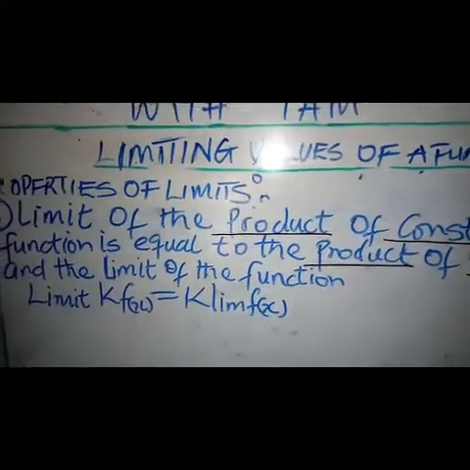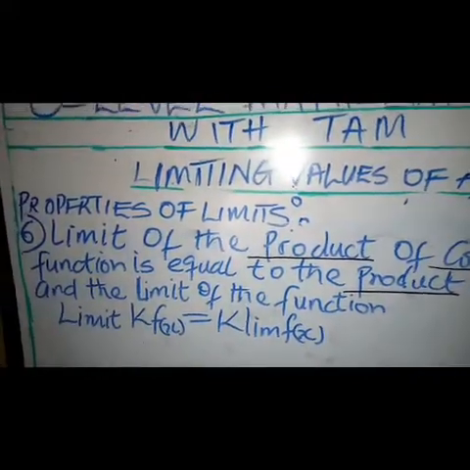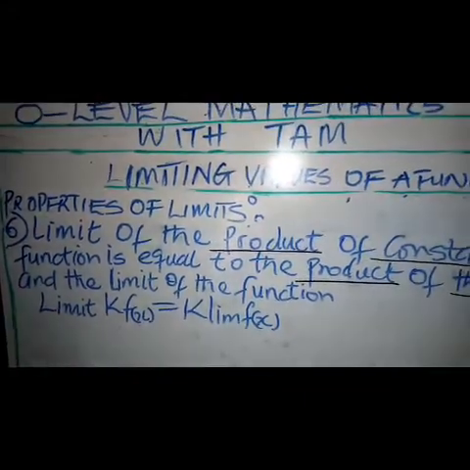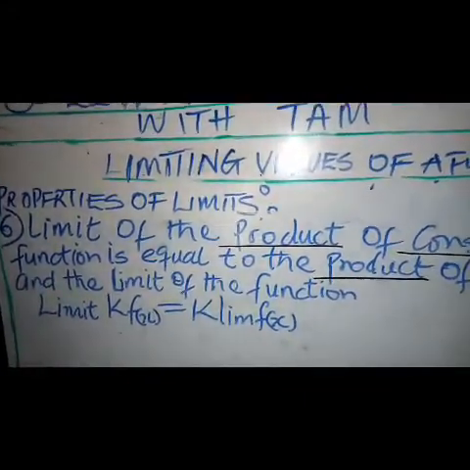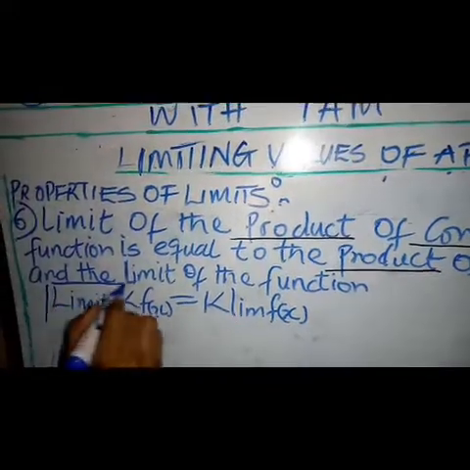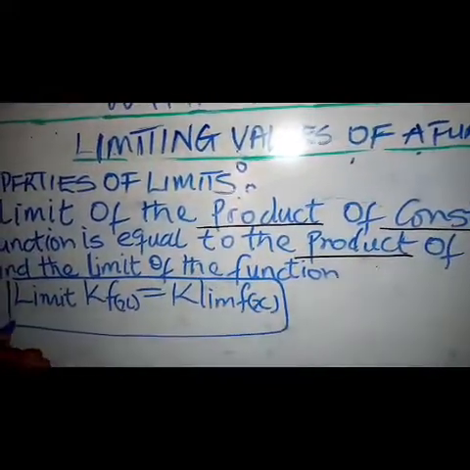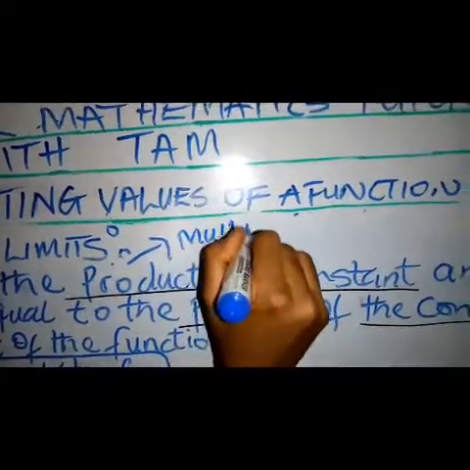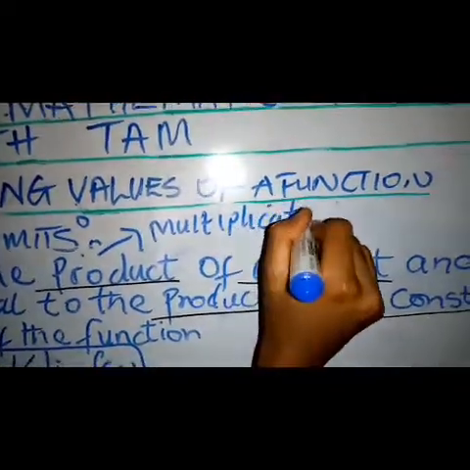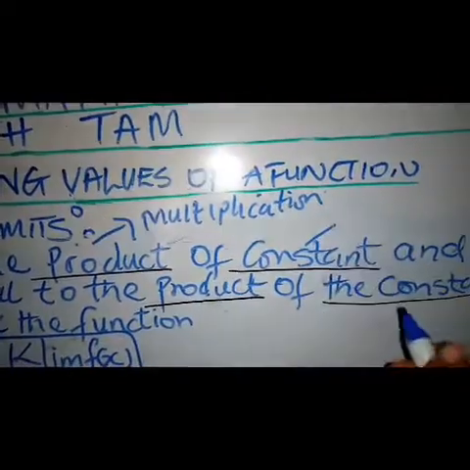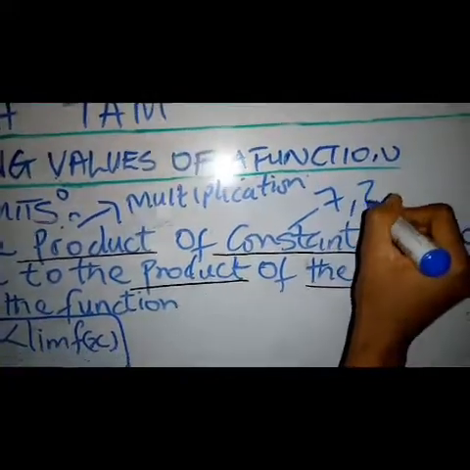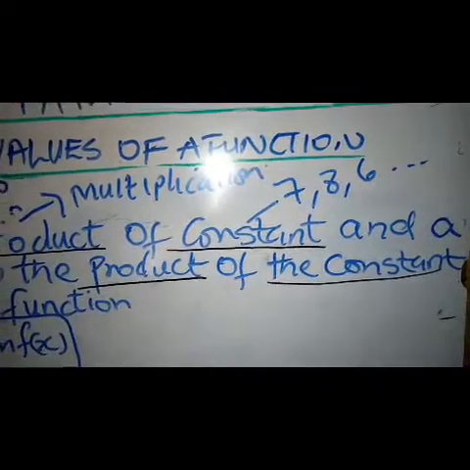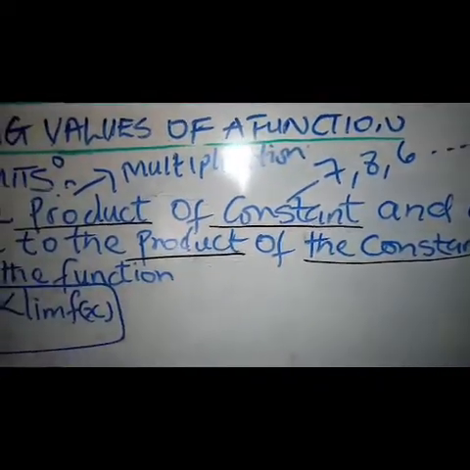Let's move to the next rule. The final property of limits: the limit of the product of a constant and a function is equal to the product of the constant and the limit of the function. This is the formula. This product means multiplication, and constants are any values like 7, 8, 6, without having x attached to the back of it.